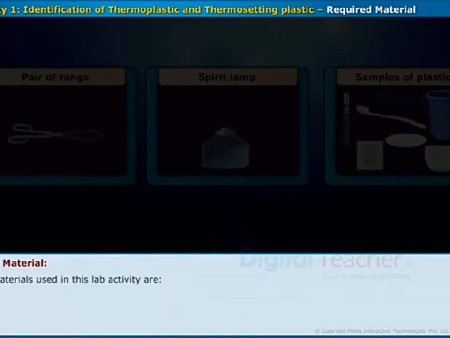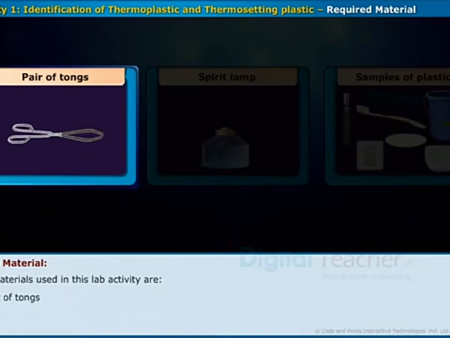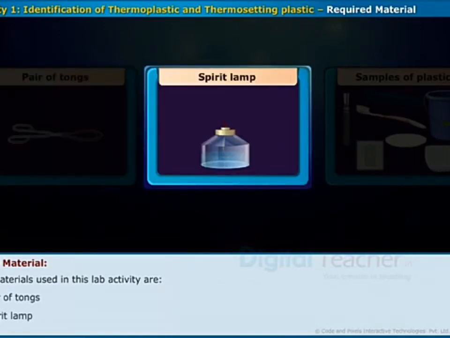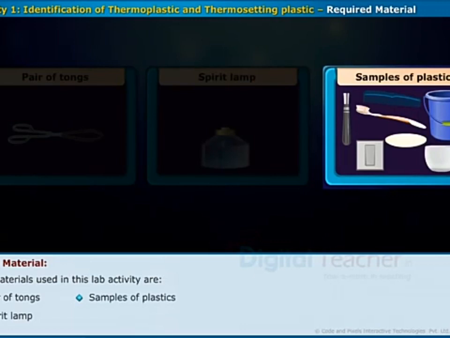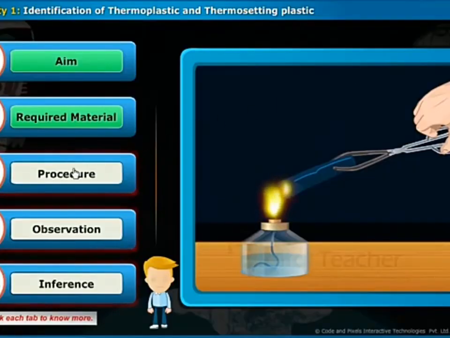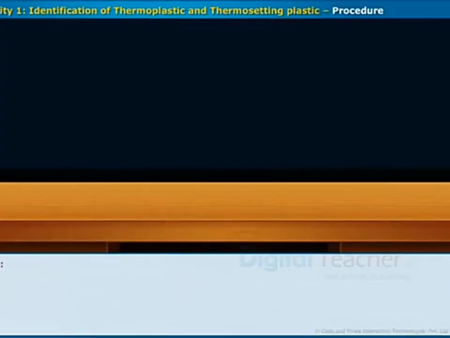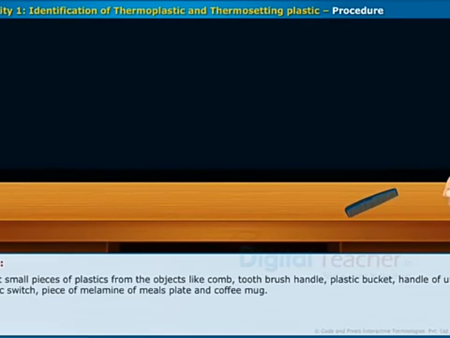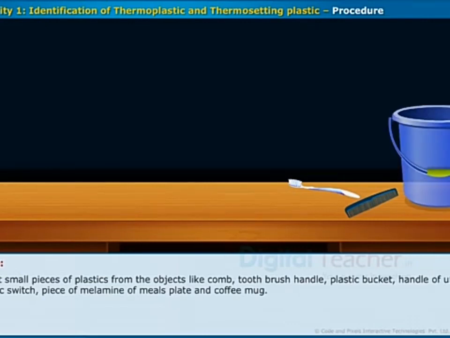The materials used in this lab activity are a pair of tongs, a spirit lamp, and samples of plastics. Collect small pieces of plastics from objects like a comb, toothbrush handle, plastic bucket, handle of utensil, electric switch, piece of melamine meals plate, and coffee mug.